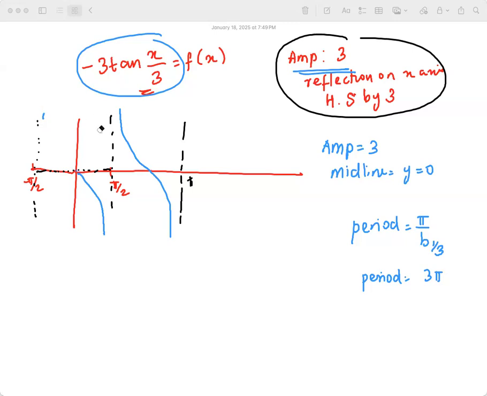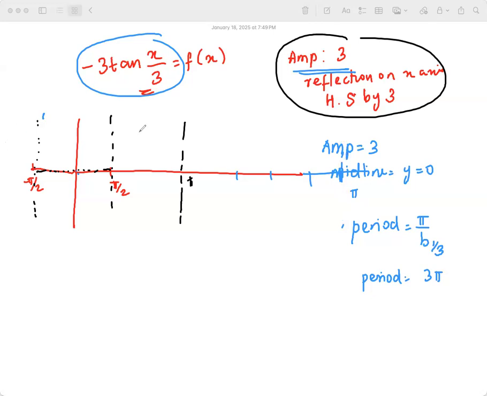Let's redo the graph. We just showed the reflection, but let's see. If it is 3 pi, the period is here. You get it? Am I making sense? The period, one period should be shown within this.